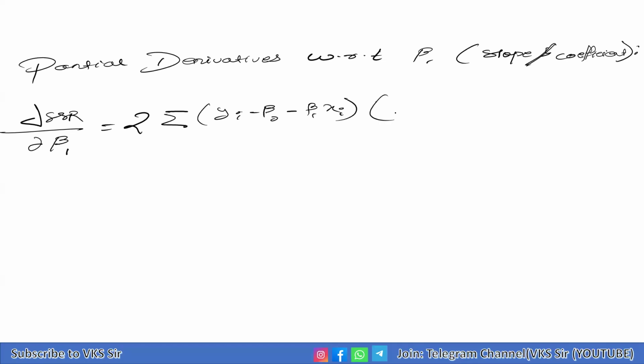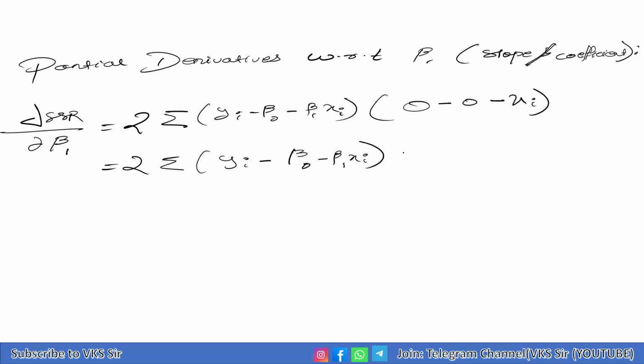Now derive this inside with respect to the coefficient. So now it will become 0 and 0, and then it will become 1. So that's why xi. Now I can say beta naught, beta 1, and then negative xi.